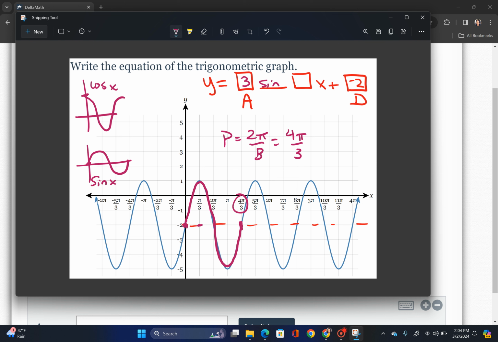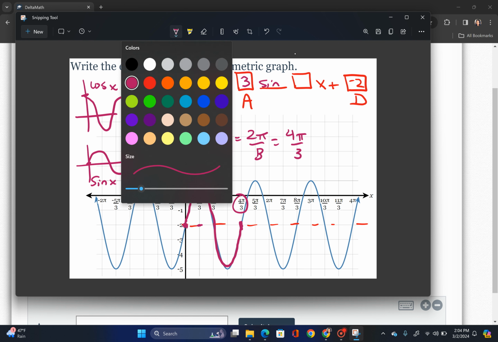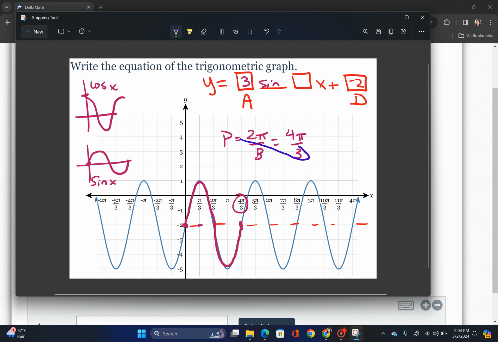So now I'm going to cross multiply here because this is not easily solvable without doing that. So 2 pi times 3 is 6 pi is equal to 4 pi times b is 4 pi b. Divide both sides by 4 pi. Cancel, cancel.